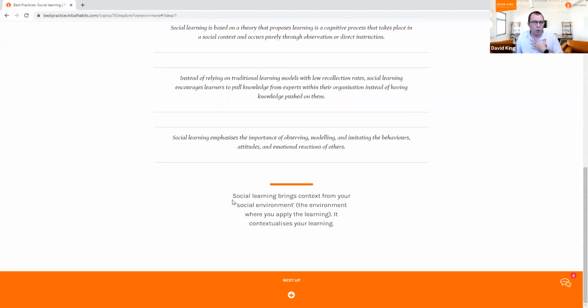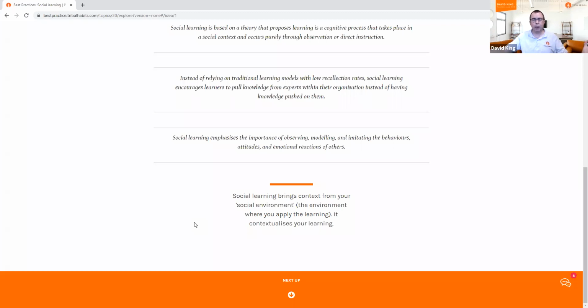My definition, or the thing I focus on, is that social learning brings context from the social environment. So that's the environment where you apply the learning. It contextualizes learning. Now, typically, for people on today's session, that social environment will be the work environment.